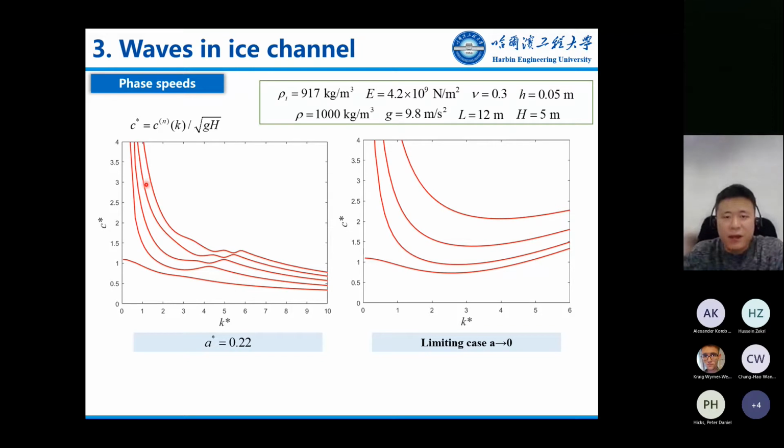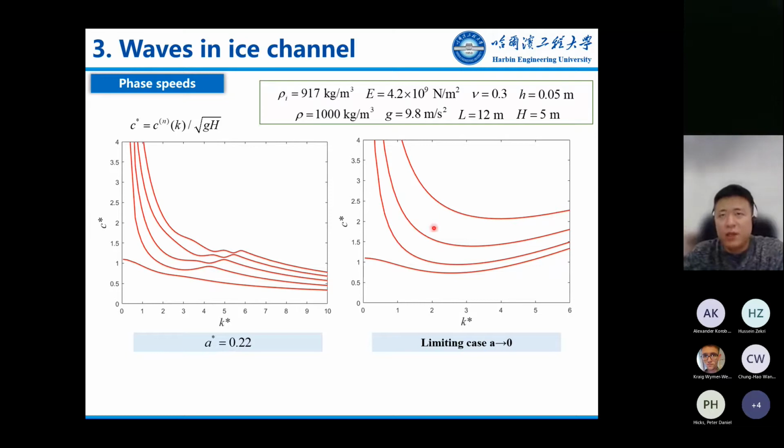The phase speeds are monotonically decreasing and increasing repeatedly for higher modes.